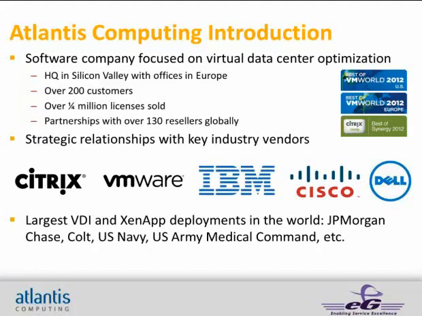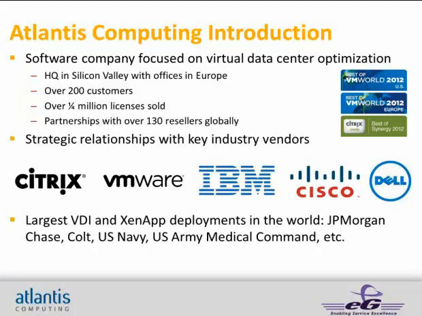We've had an enormous amount of customer success. VDI and XenApp virtualization has tended to be extremely risk and error prone for a lot of customers. And a lot of VDI projects, XenApp projects have stalled. But some of the largest, most successful deployments globally today are powered by Atlantis IO. JP Morgan Chase has deployed us in 15 data centers today for tens of thousands of virtual machines very, very successfully.